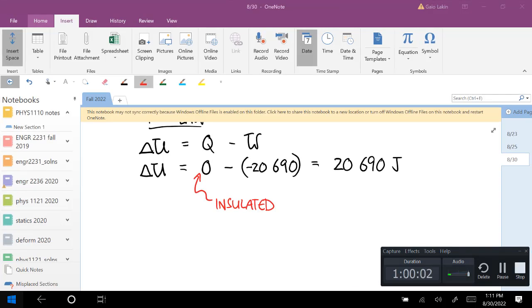What's the purpose for using specific volume? Yeah, so we haven't seen it yet, but when we start using tables that are going to relate pressure and volume and temperature and entropy, it's all going to use specific values, because otherwise you'd have to have tables for your specific amount of material. Oh, okay, yeah, because we're using different gases and they're not all necessarily going to be the same.